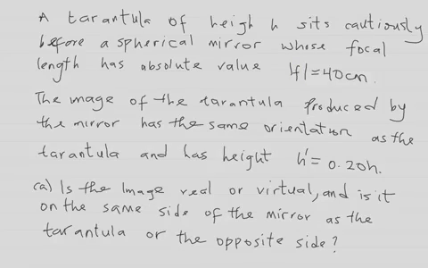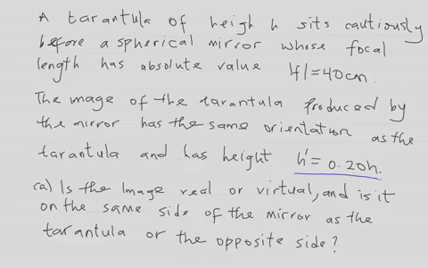The image of the tarantula produced by the mirror, so this tarantula is the object in this case. The image of that object produced by the mirror has the same orientation. The image that is now formed has the same orientation as the tarantula, and has height of 8 prime.